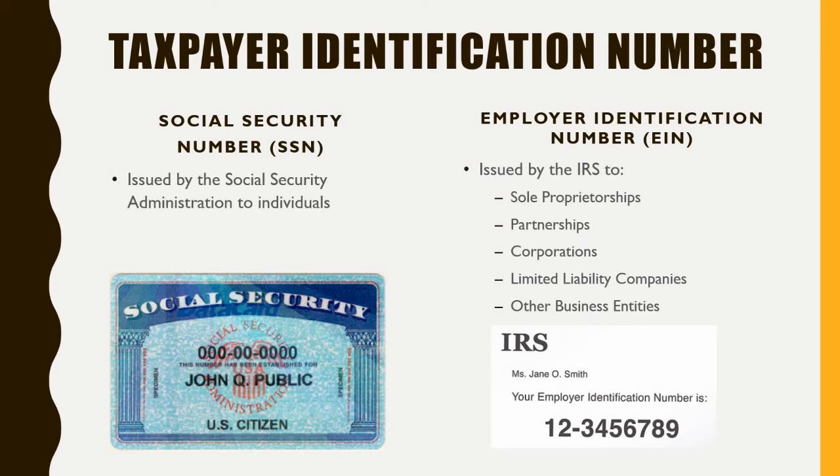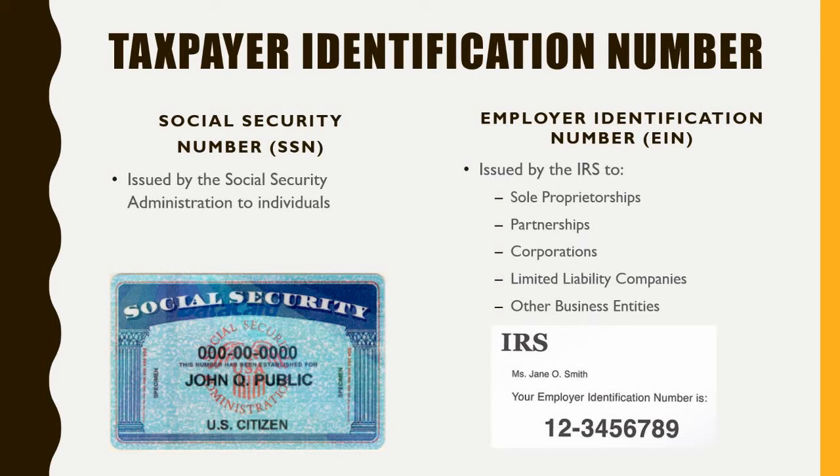Now, this is how individuals can pay for their taxes, okay? And this is also how independent contractors, which we'll talk about in a few minutes, also file for their taxes as well at the end of the given year, okay?